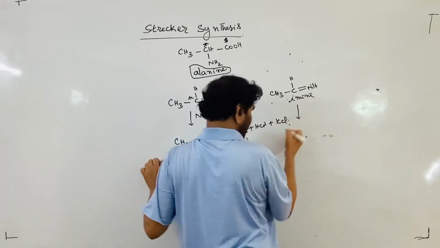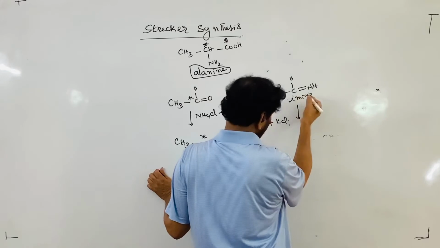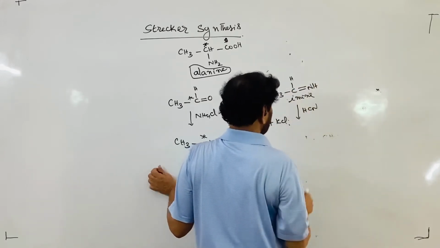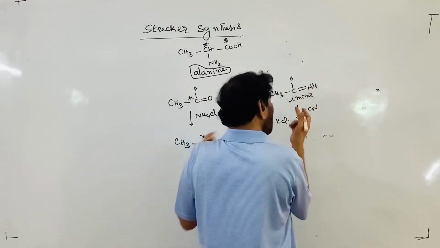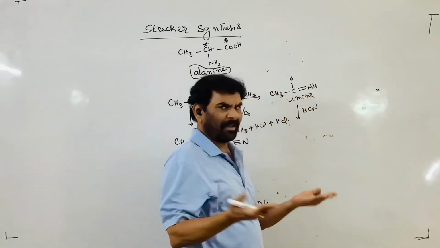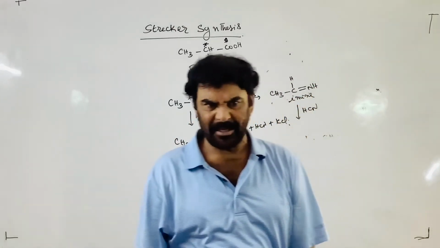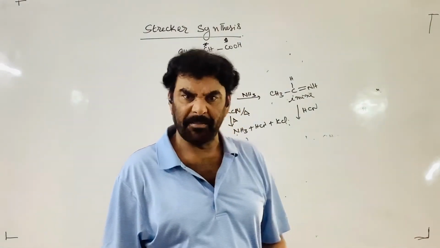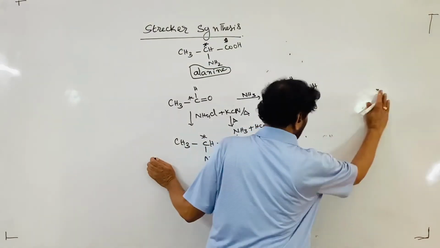This imine reacts with HCN. Addition of HCN takes place on the imine bond. It is adding on the double bond. Even on the carbon-carbon double bond, HCN addition is possible. So addition is very poor there, and we have taken barium cyanide as the promoting catalyst.